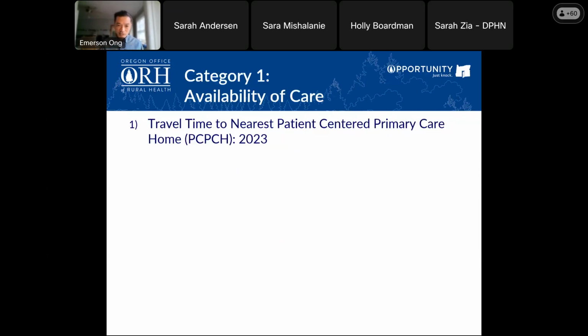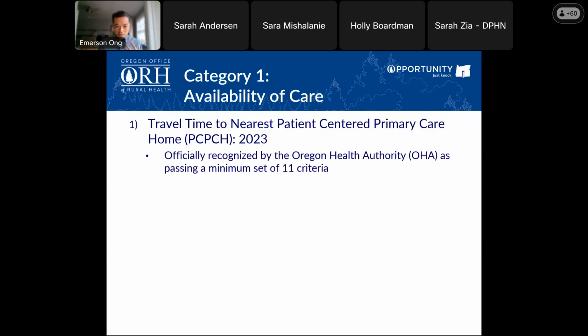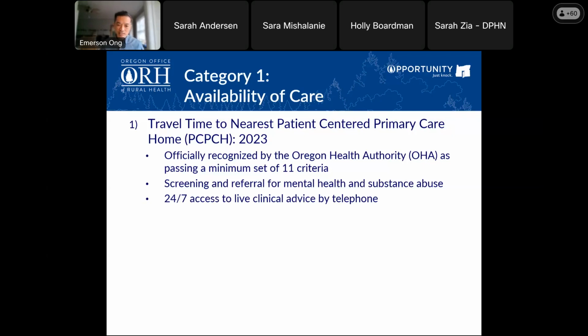So the first variable under availability is travel time to the nearest patient-centered primary care home, or PCPCH. PCPCHs are clinics that have passed the minimum set of 11 criteria set by OHA. And the most important of these are screening and referral for mental health and substance abuse, 24/7 access to live clinical advice by telephone, and ongoing management of chronic disease.